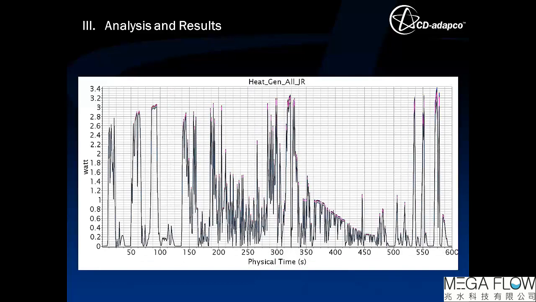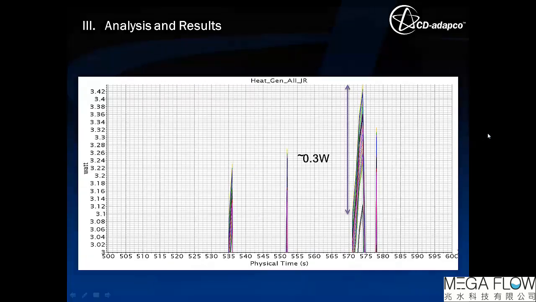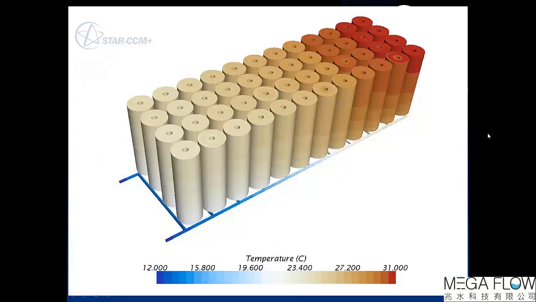This will obviously affect the heat generation in the cell, since it depends on the voltage evolution. Still looking at the same area where the temperature difference is the highest, so towards the end of the simulation, I can notice that the spread of the heat generation inside the module is about 0.3 watts. So this kind of spread helps understand how it is affecting the performance of the battery module.